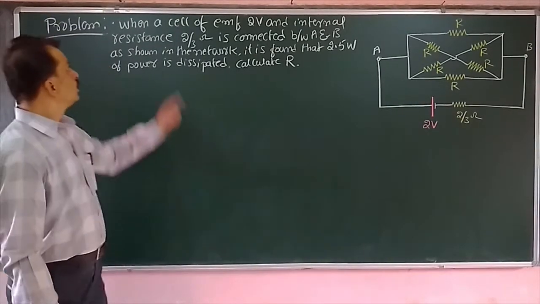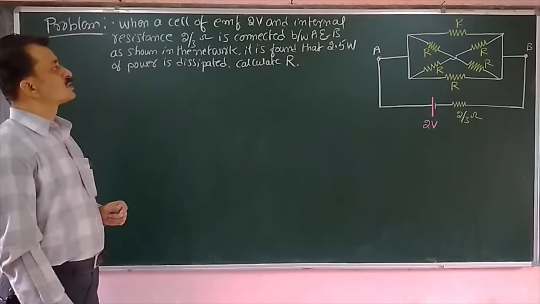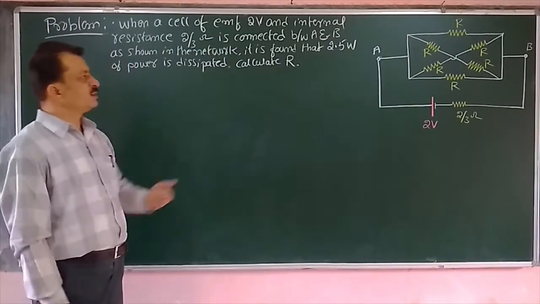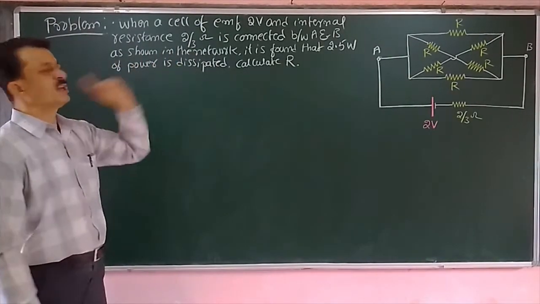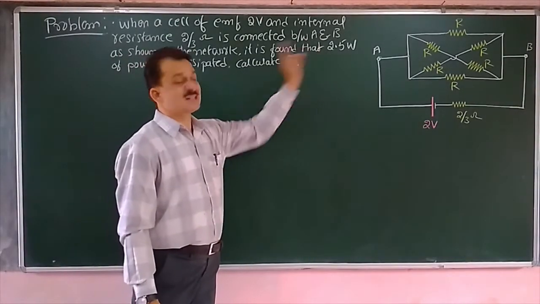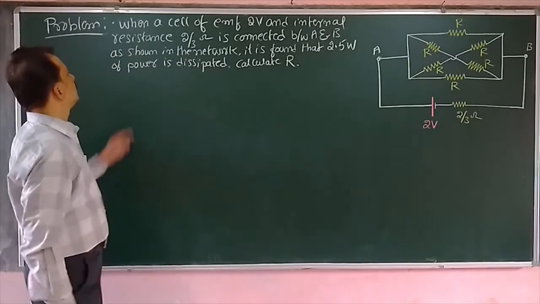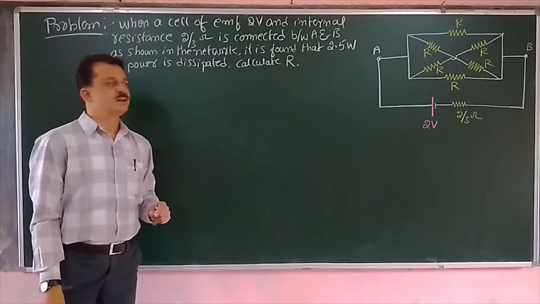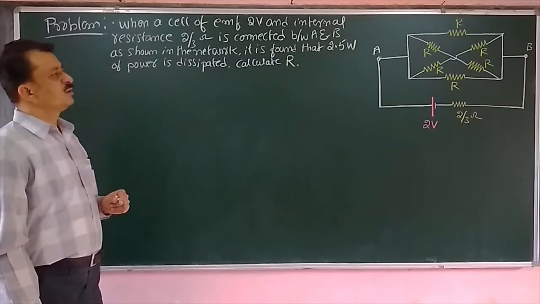Next problem. When a cell of EMF 2 volts and internal resistance of 2 by 3 ohms is connected between the terminals A and B as shown in the network, it is found that 2.5 watt total power is dissipated. Calculate the resistance.